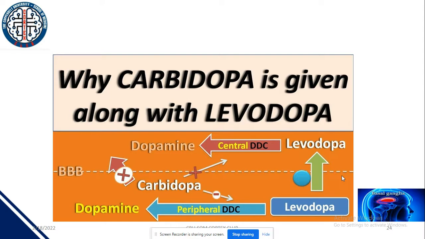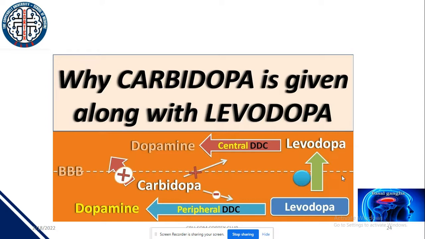According to research, if we administer levodopa alone, just about 1% of it gets access to the central nervous system, meaning it passes through the blood-brain barrier. But if we administer it with carbidopa, we're going to have at least 10% of it crossing the blood-brain barrier.